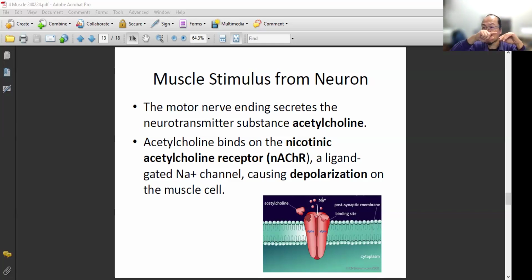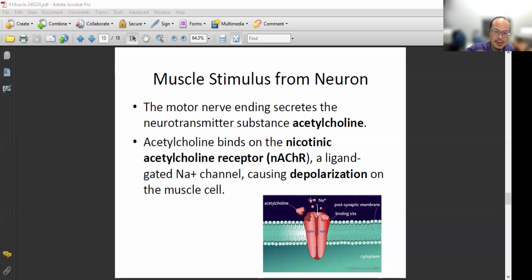The action potential will have depolarization, which is voltage-gated. It's a different channel. It's voltage-gated sodium channel, and then voltage-gated potassium channel for that action potential. So that's how we excite the muscle. Nerve excites muscle by acting on nAChR, nicotinic acetylcholine receptor, to cause sodium influx.